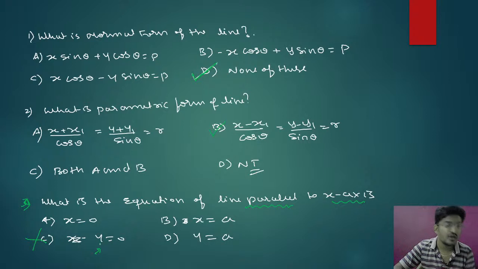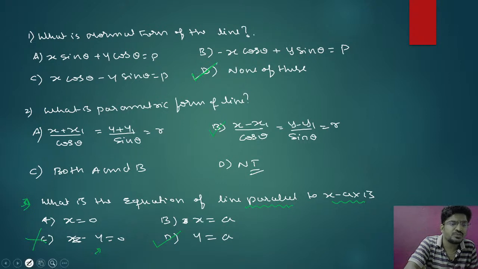Please understand, option C is the equation of the x-axis and option D is the equation of the line parallel to the x-axis. Option D is correct. Most of you are telling option C.